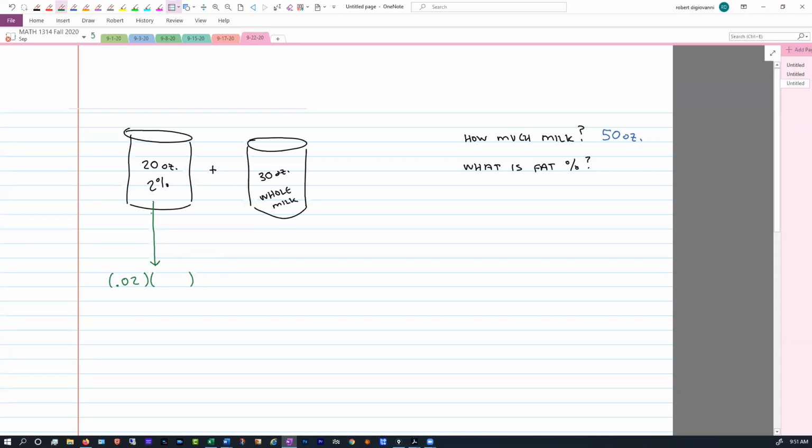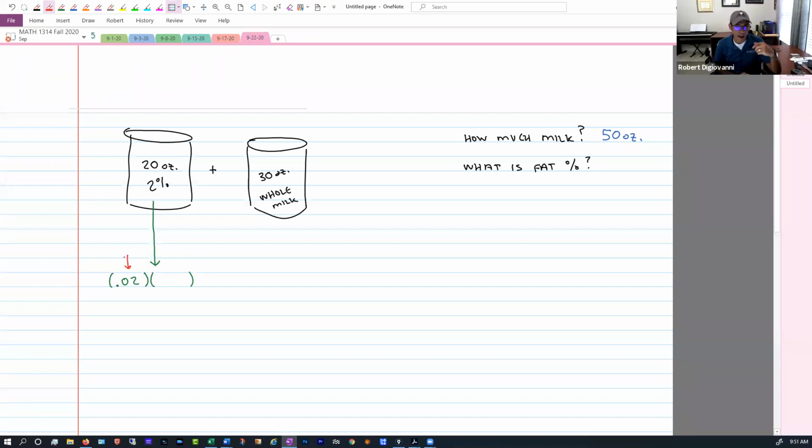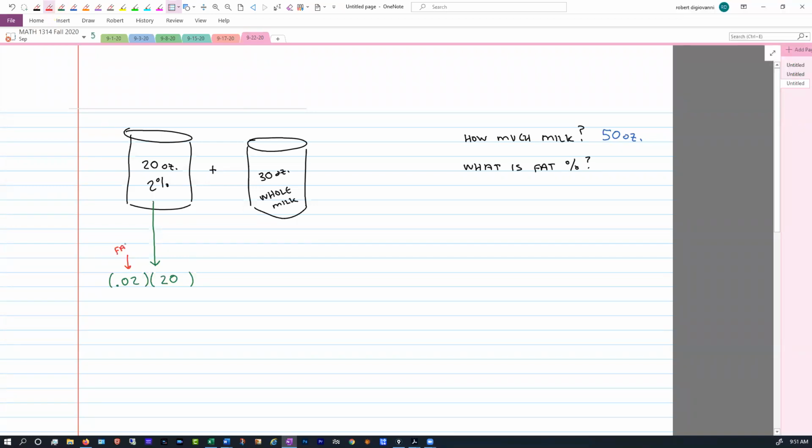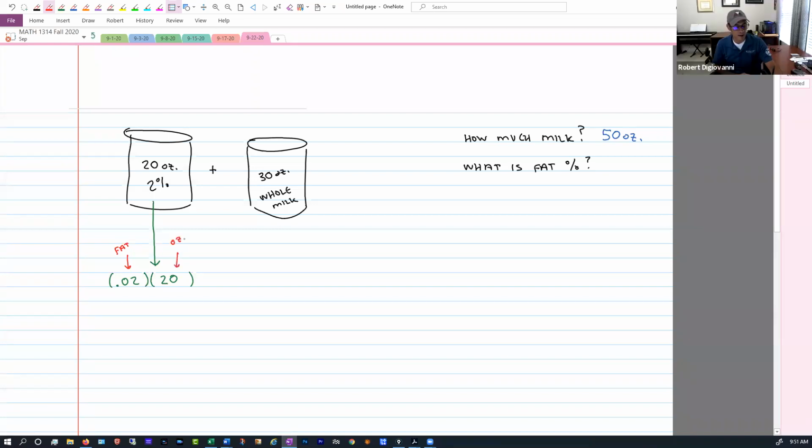Well, the 2% is what you just gave me, the 0.02. That's the 2%. And you're multiplying that times how much milk you have there. How much milk do we have? 20 ounces. Okay, good. So this is your fat as a decimal times your ounces, the amount that you have. If you multiply those two together, that'll give you how much fat you had there.